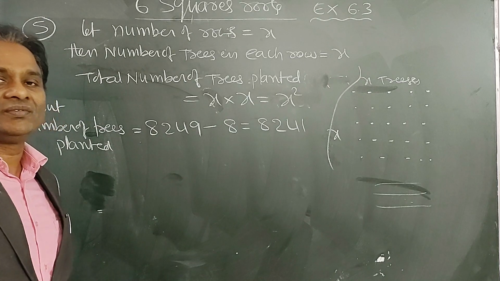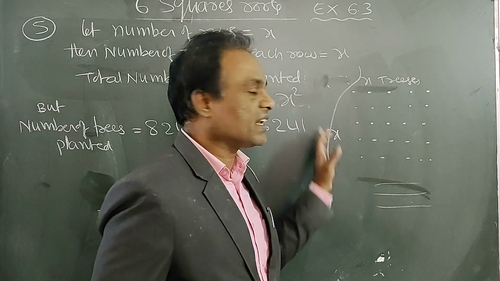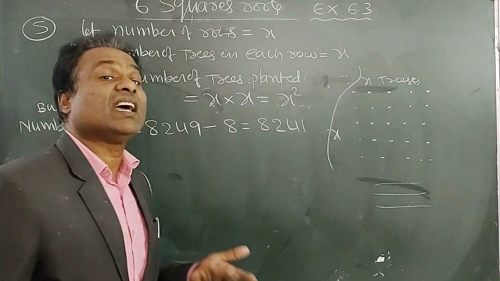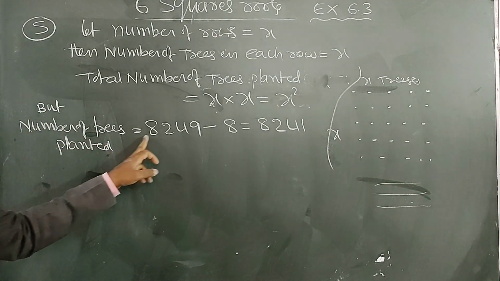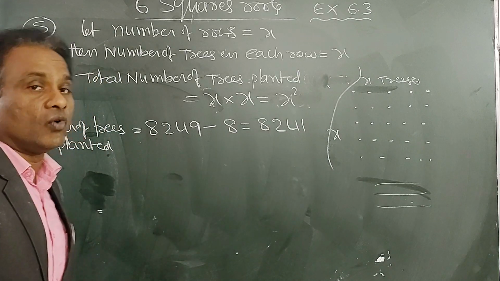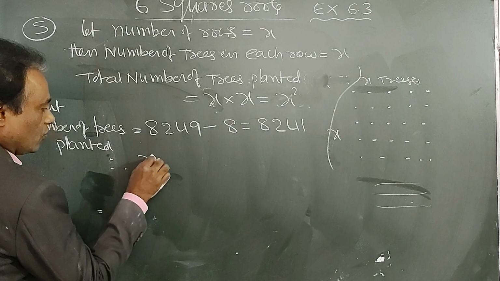Because we have the number of rows and number of columns, we completed the square. So after completing the square, 8 trees are left. So the number of trees planted is equal to 8,249 minus 8.